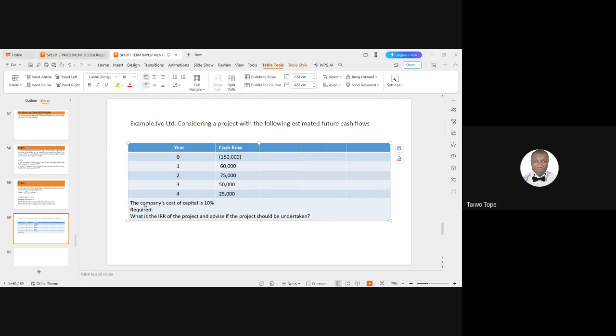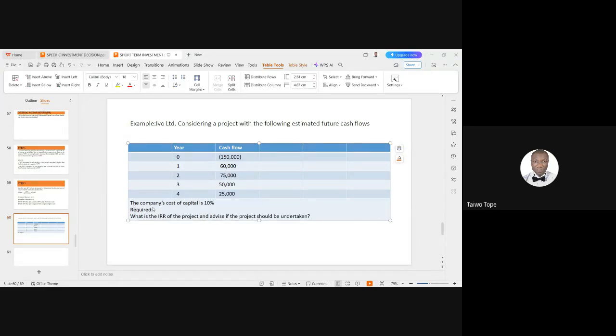The next thing is to increase the rate to get a negative NPV. But giving you this is just like a benchmark, that once you compute and calculate your internal rate of return and you get, let's say, 8%, it shows that you should reject the project.